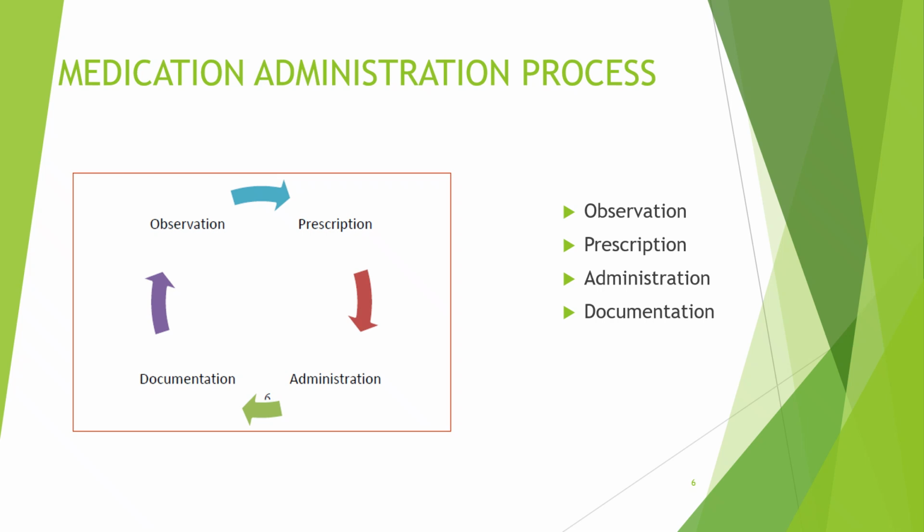Observing a change in a person leads to documentation. Documentation influences the physician's prescription. The prescription determines the administration. The administration requires documentation and observation of the changes that should occur in the individual. So each of these areas has a cause and effect relationship with the others.